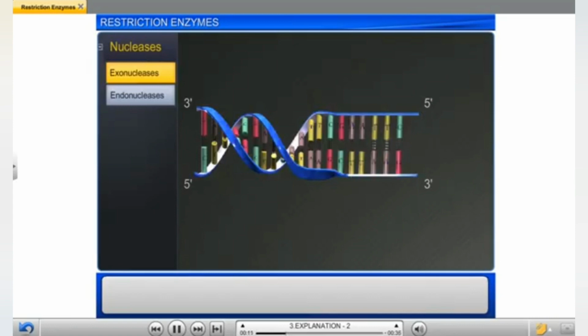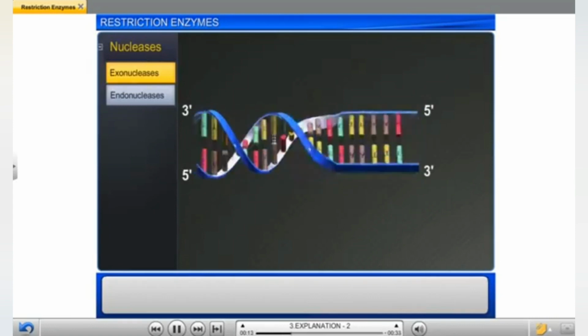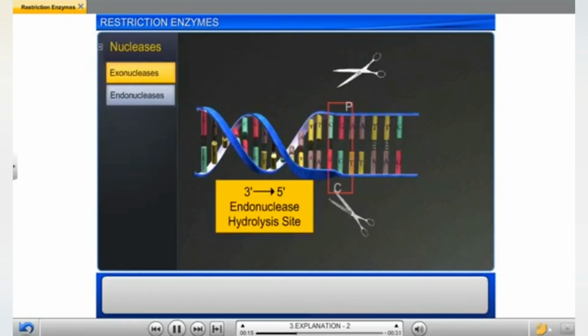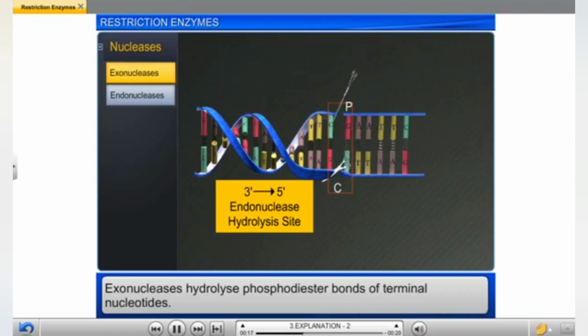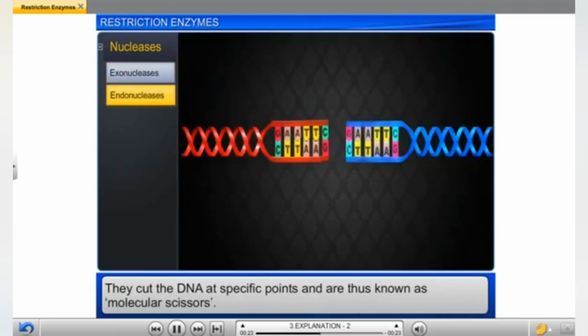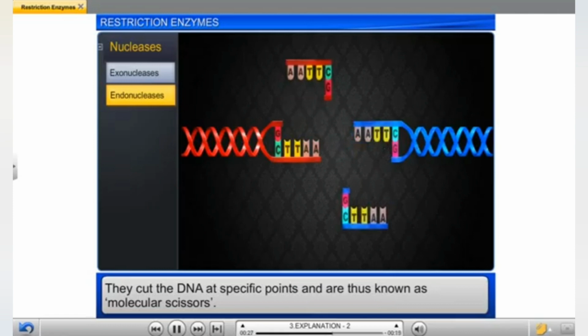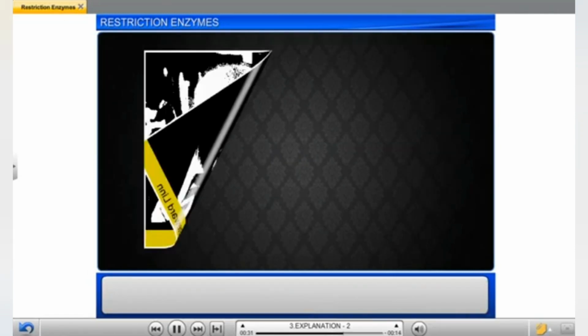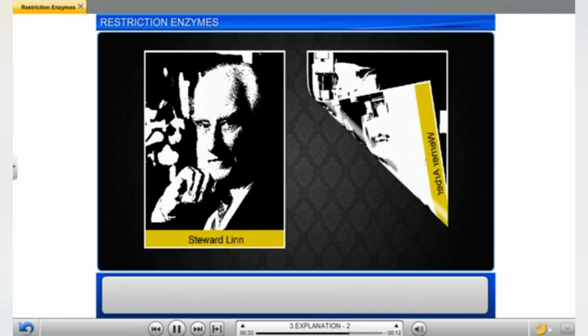Exonucleases remove nucleotides from the end of the polynucleotide chain. They hydrolyze phosphodiester bonds of terminal nucleotides, while endonucleases cut the DNA at specific points and are thus known as molecular scissors. Let's study how restriction endonuclease was discovered.